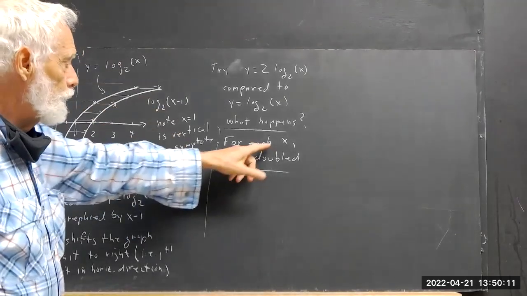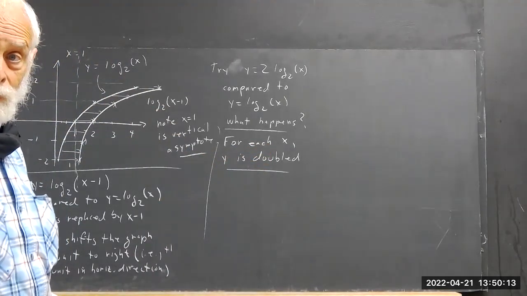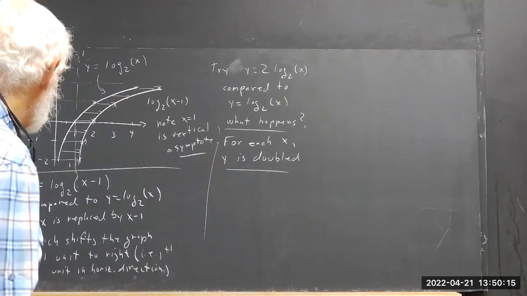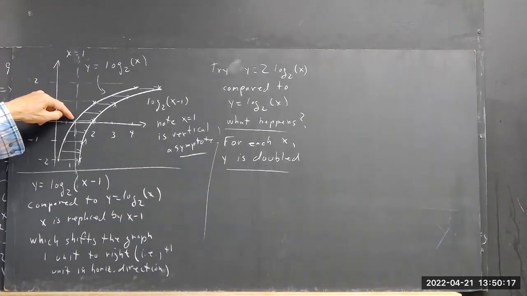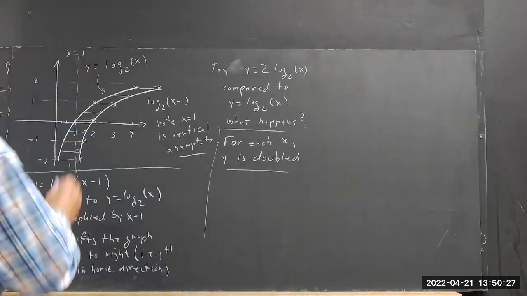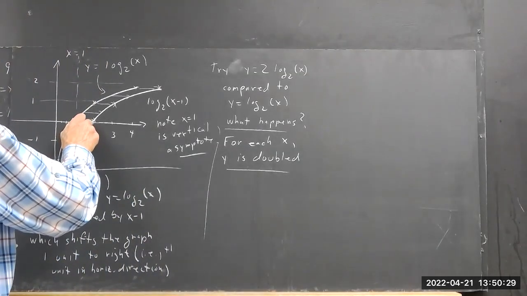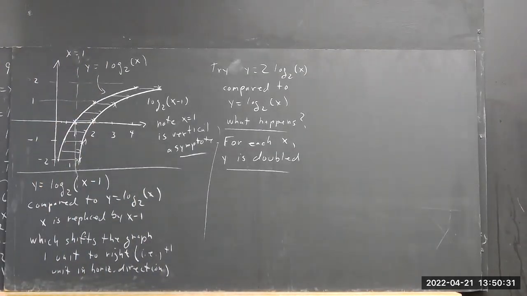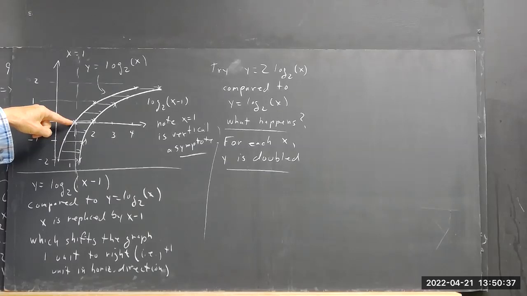Well, for each x, y is doubled, right? So let's pick an x. Let's not pick x equals 1, because for x equals 1, y is 0, isn't it? And if we double 0, we still get 0. Okay, I want to construct this in a different color so we don't get things too confused. If we pick this point and double the value of y, we're still on this point because y is 0.